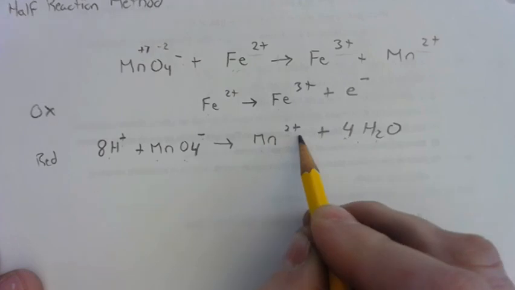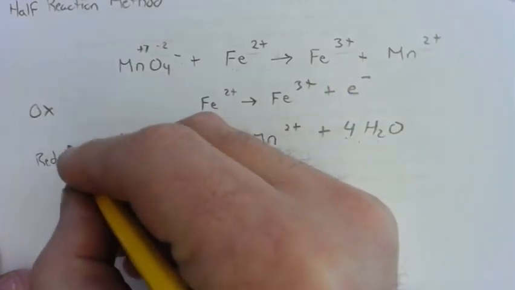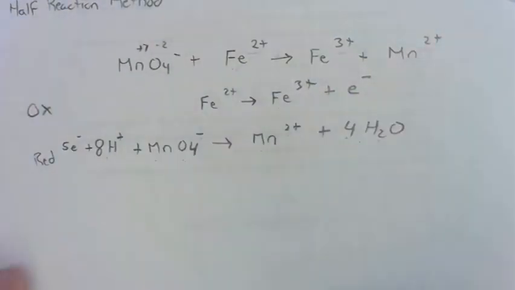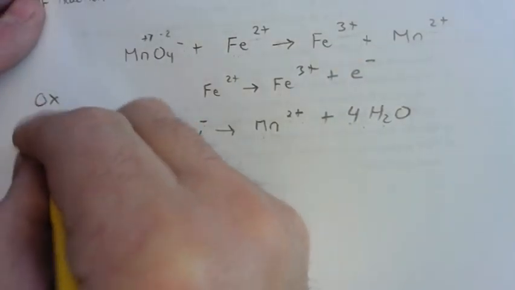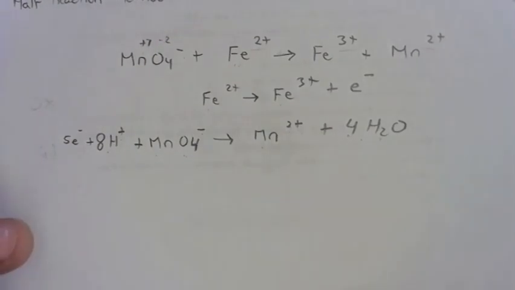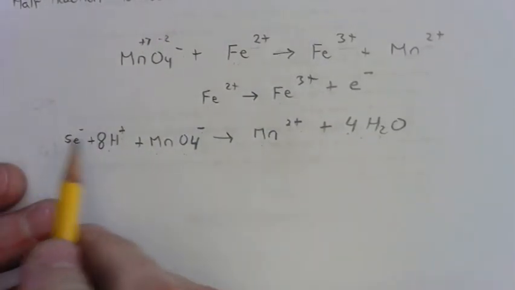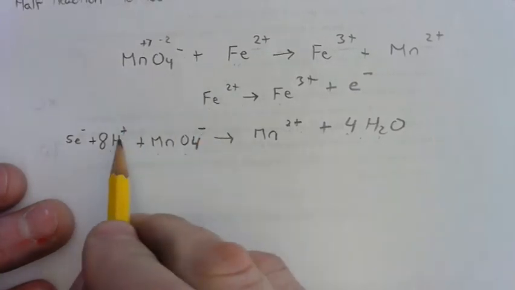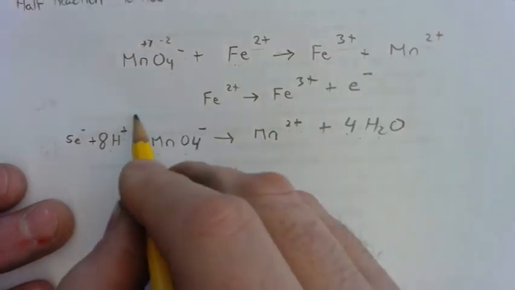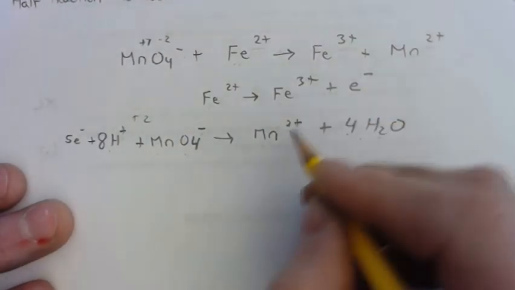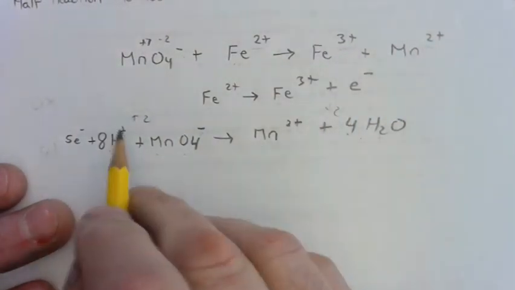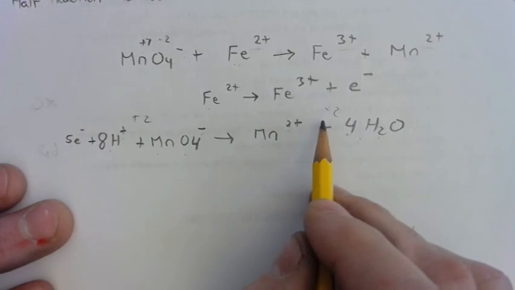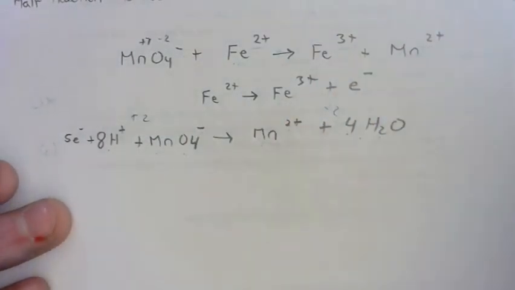Over here, we have +2. So we need to add 5 electrons. Erase this here, give me a little more room. We have 5 electrons on that side. So we have -5, -1, plus 8 is +2. And over here, we have +2 as well. So the charges are now balanced here, and up here.